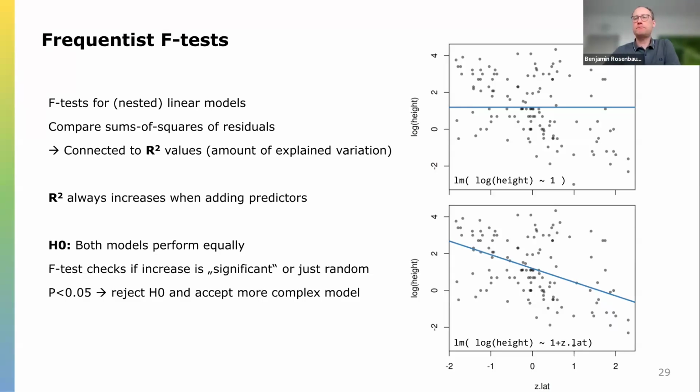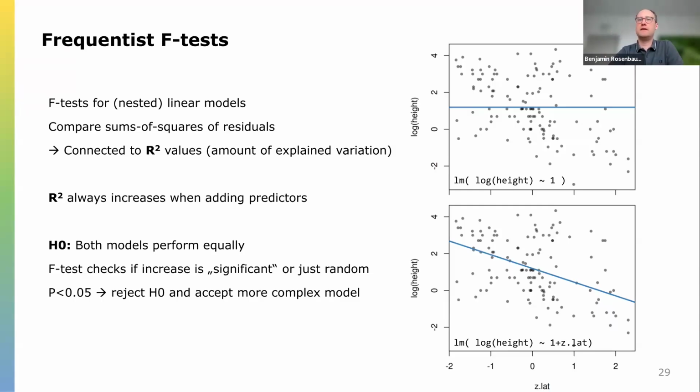Often we are performing F-tests to compare different models and to decide which one fits the data better. Frequentist F-tests basically compare R-squared values. I mean, it doesn't say explicitly, but they're just comparing something with the sum of squares of the residuals, and so on.